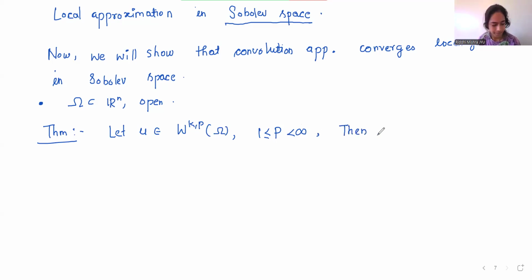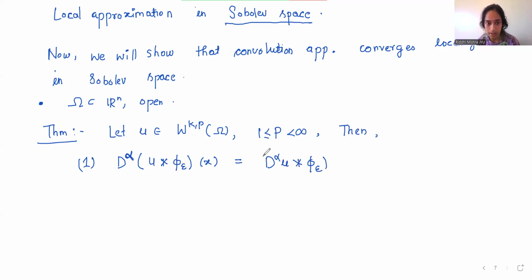Then the first claim is that the weak derivative of u convolved with phi epsilon at the point x is the same as the weak derivative of u convolved with phi epsilon at the point x in omega.